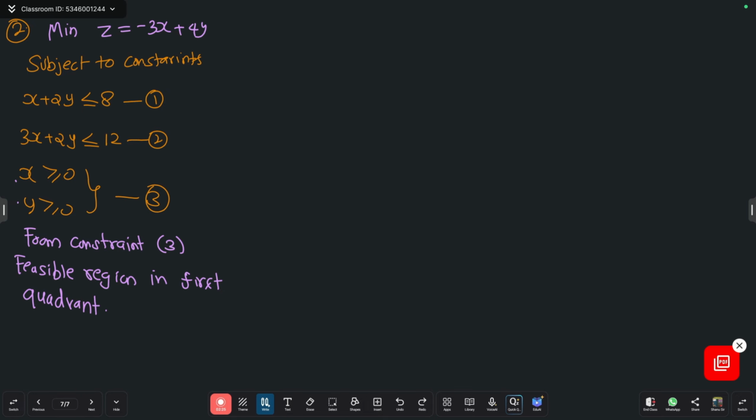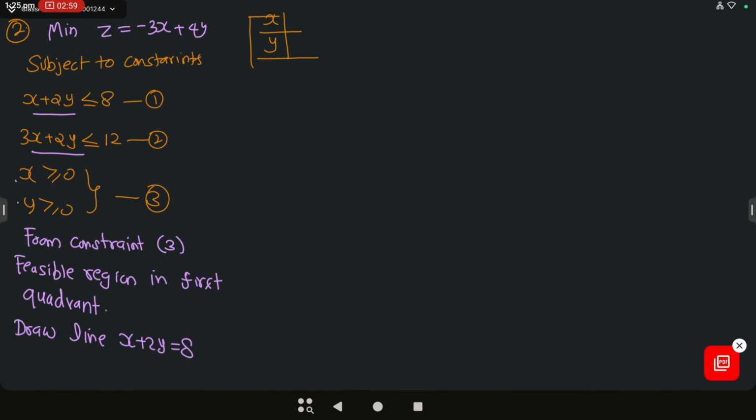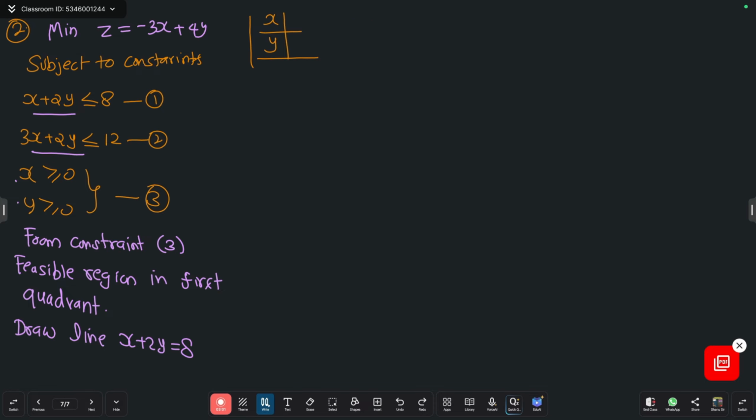After that I need to draw these also. I will draw the line x plus 2y equals 8 first. To draw this, again I will make a small table with x and y. Whenever possible take x as 0, otherwise you can take any point.